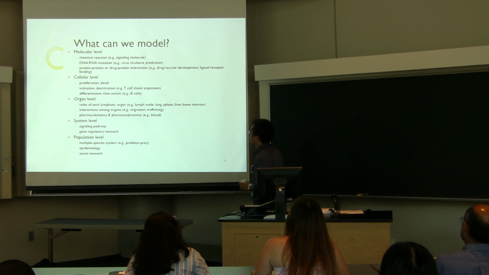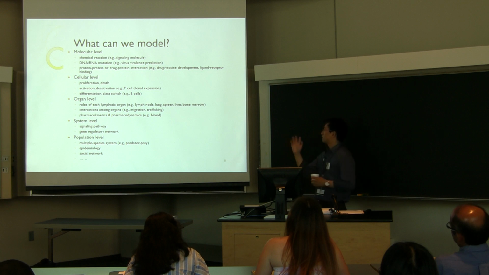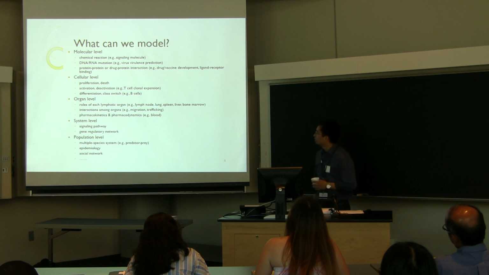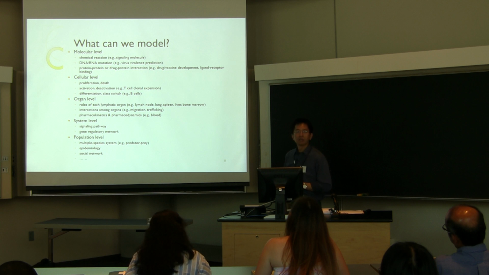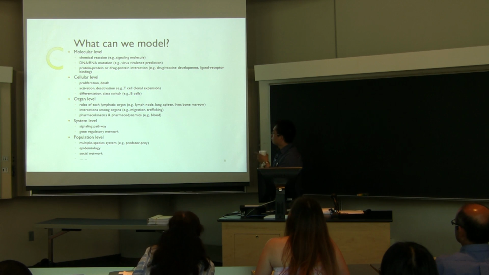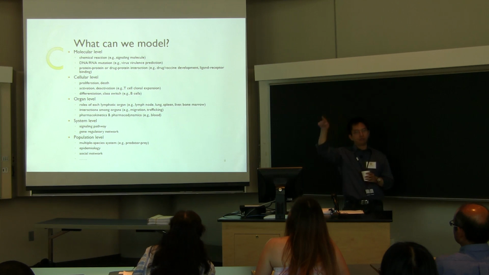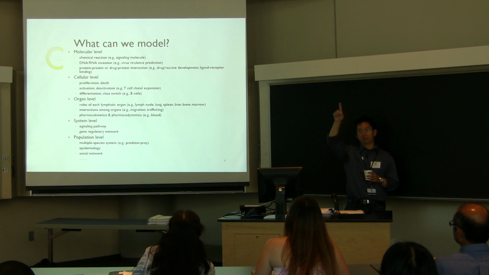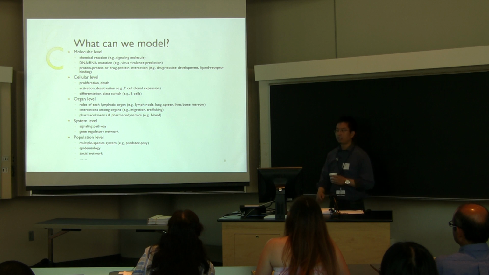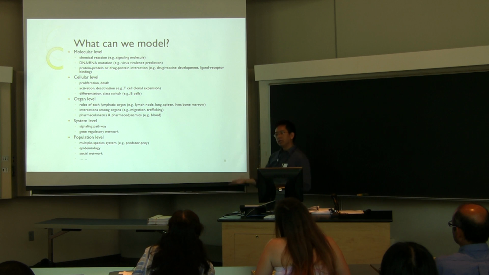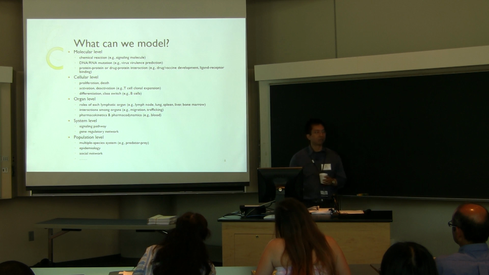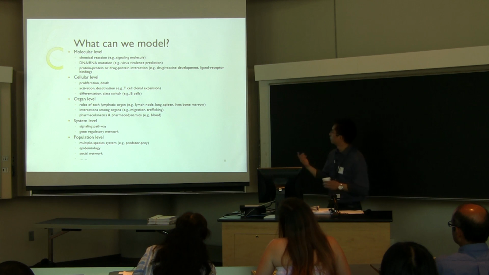Also, we can look at the interactions among organs. Basically, that's just migration and trafficking of cells and molecules. Of course, if you are doing PKPD, you get a blood sample, and the data pattern will usually be up and down. From this up and down pattern, you want to infer the rates of the PKPD.